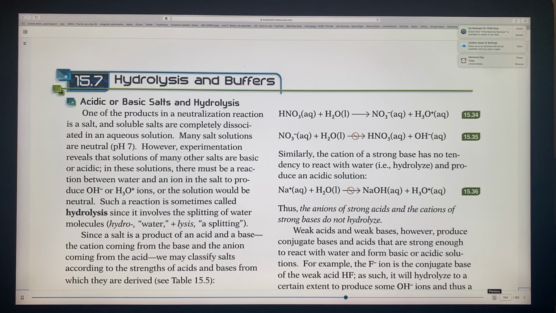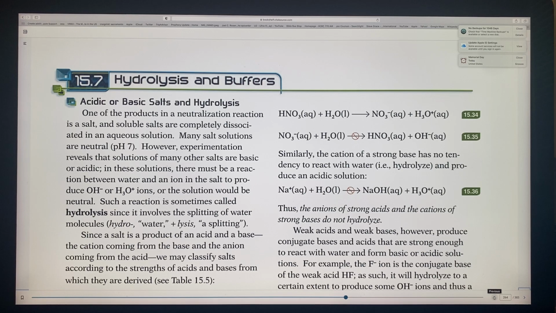One of the products in a neutralization process, when you're neutralizing acids and bases, is salt, of course. Soluble salts are completely dissociated in the aqueous solution, but many salt solutions are neutral. They're pH 7. However, experimentation reveals that solutions of many other salts are basic or acidic.